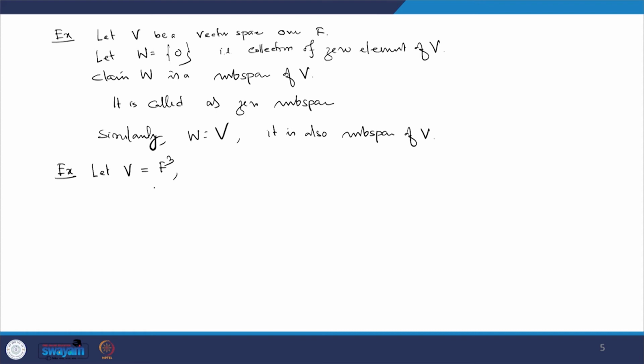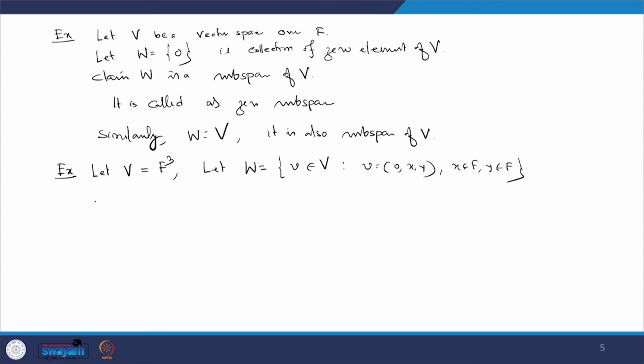Now, consider W equal to the collection of all v belonging to V such that v is of the form (0, x, y), where x belongs to F and y also belongs to F. Now, we can quickly check whether this W is a subspace or not.